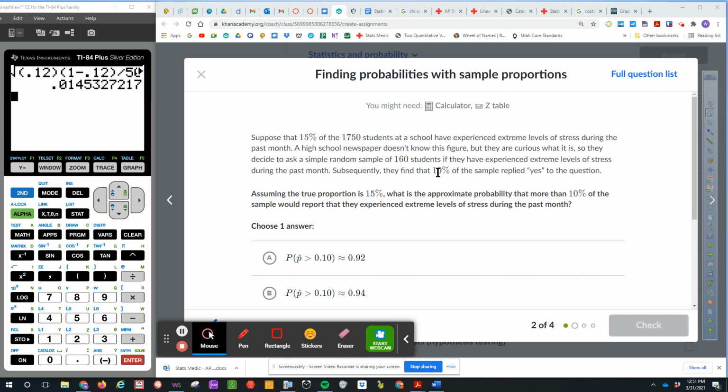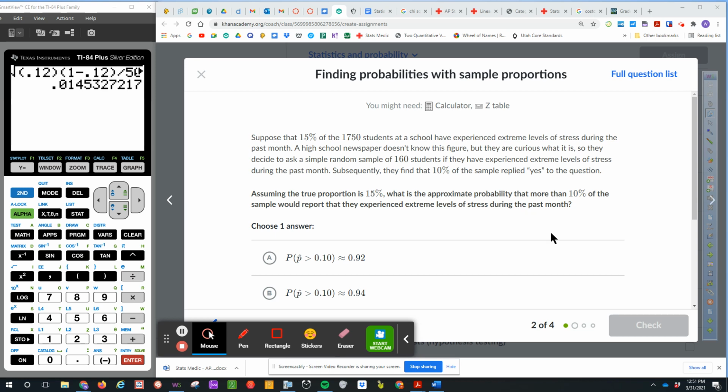Subsequently, they find that 10% of the sample replied yes to the question. Assuming that the true population proportion is 15%, what is the approximate probability that more than 10% of the sample would report that they experienced extreme levels of stress during the past month?